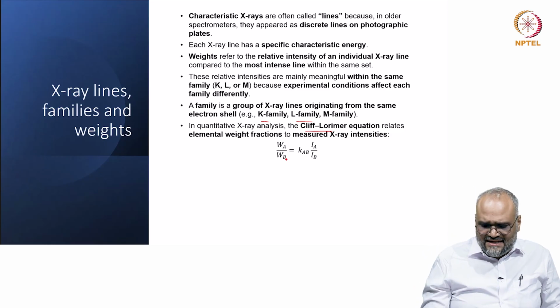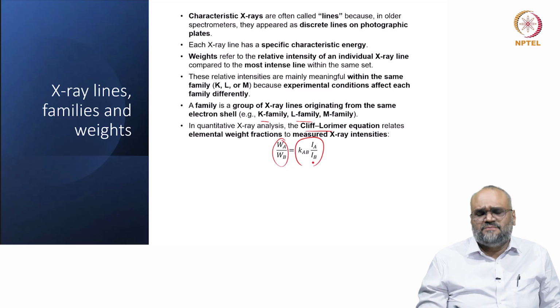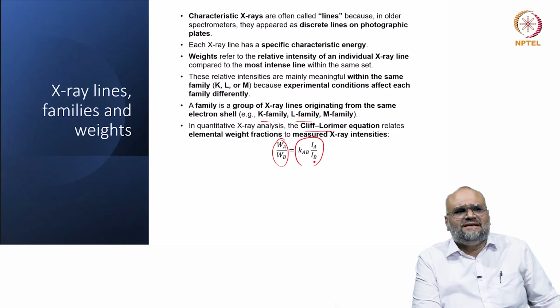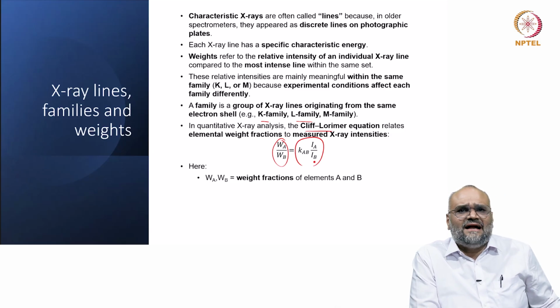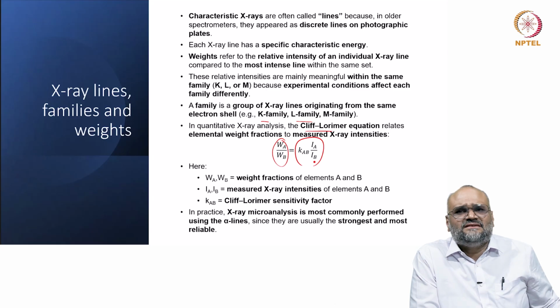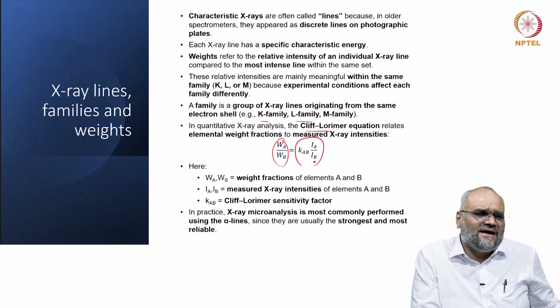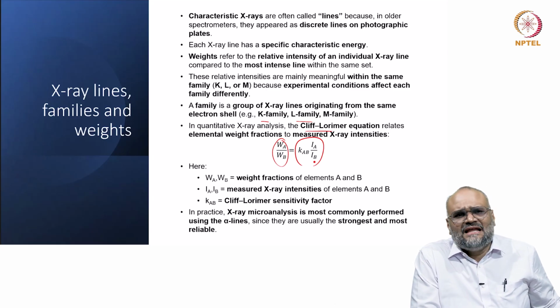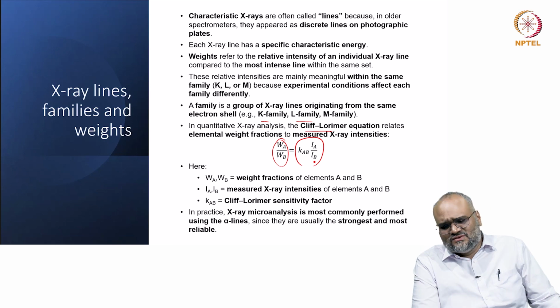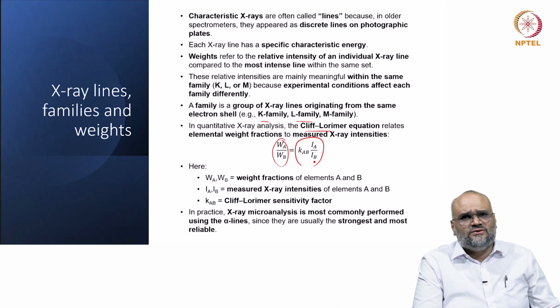You can relate the equivalent weights proportionate to the area under the intensities that you record, and from these weight fractions you can quantify how much of which element is present. This is typically used in the EDS analysis that you do.